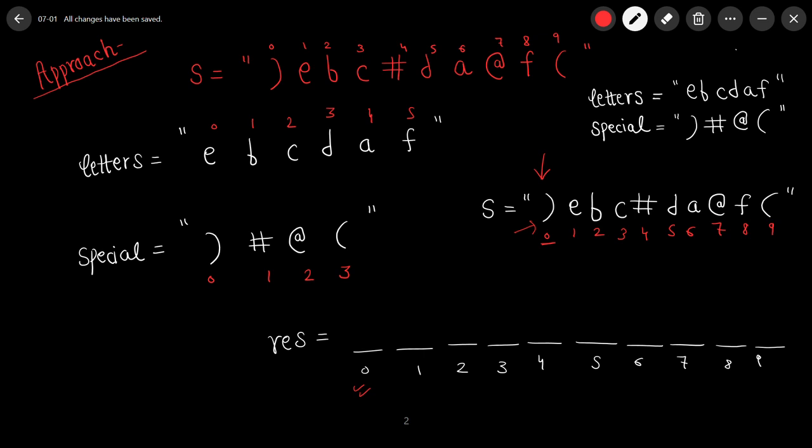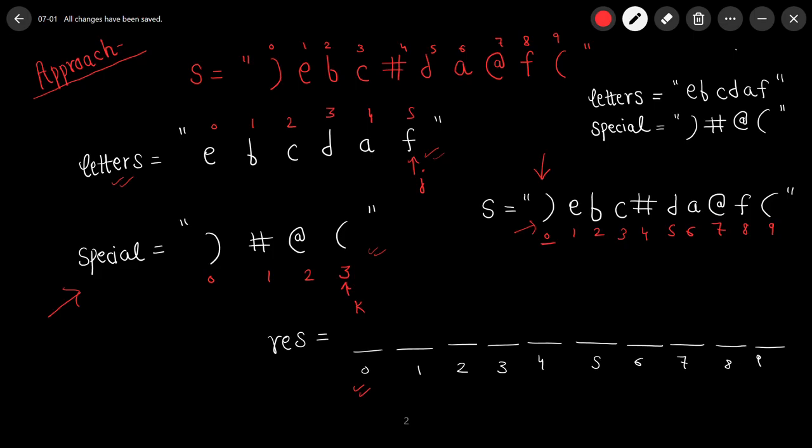Since we will only have special characters, we would check this special string only because we are not concerned with the lowercase letters, right? Since we are searching for special characters only. So you would take two pointers. Suppose this is J and this is K. And both will be pointing to the last characters of both strings because we want reverse order, right? So we would go from last to first.